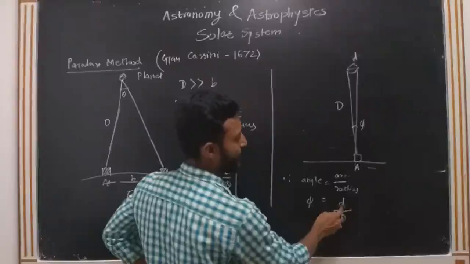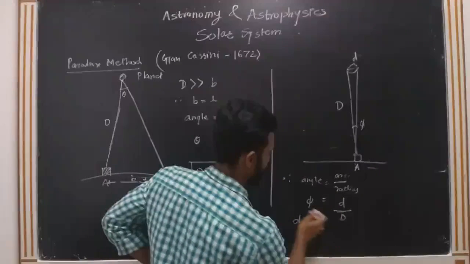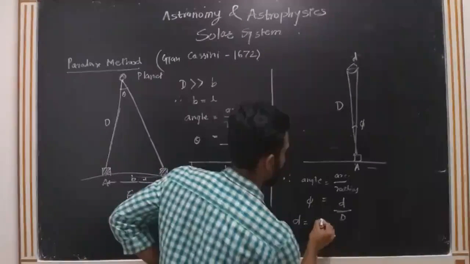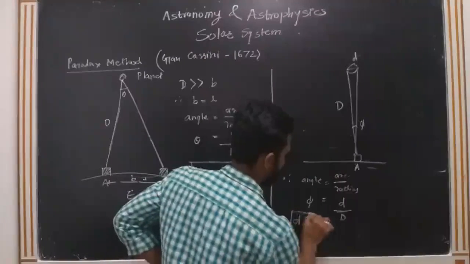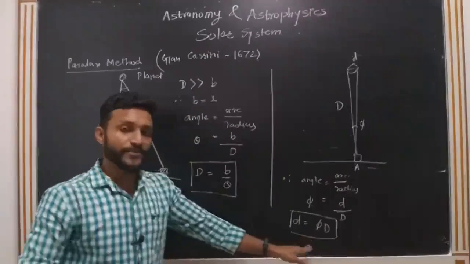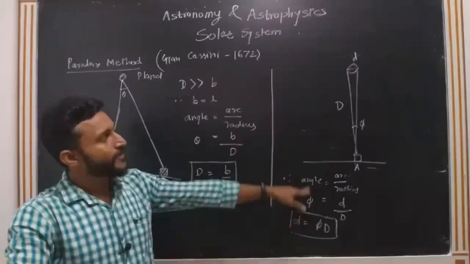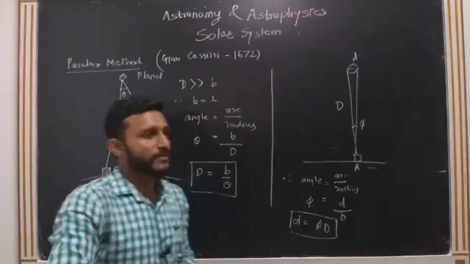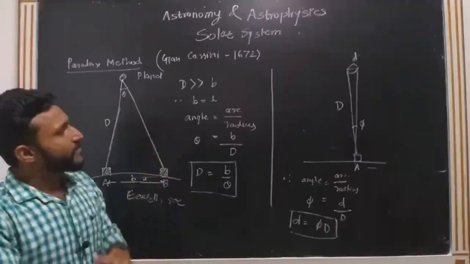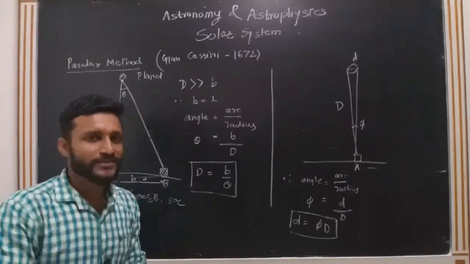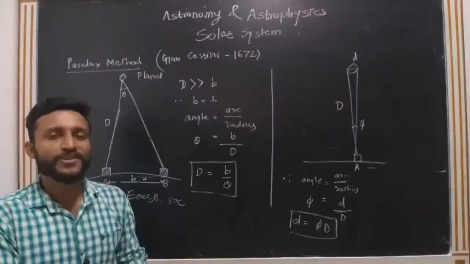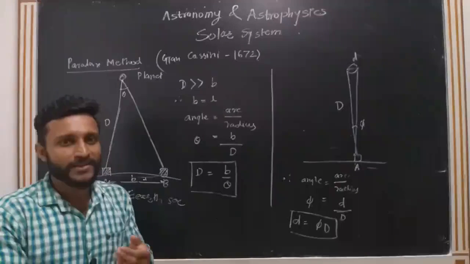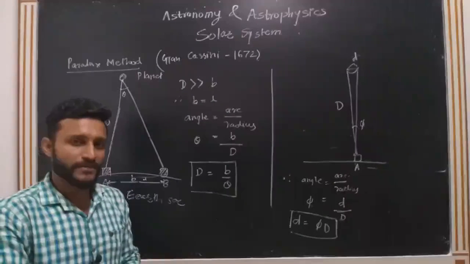If you want to find d, just take this term to the other side, so d equals phi into capital D. This is the other formula by which we can find the diameter of the same planet from the Earth. So this is the parallax method which is used to measure the distances and the diameter of a planet or object which is far away from the Earth's surface.